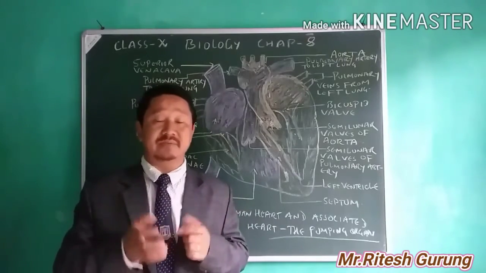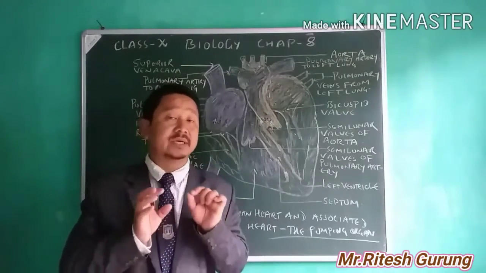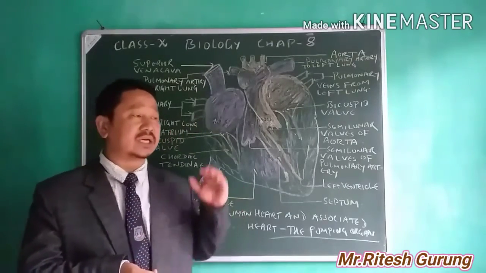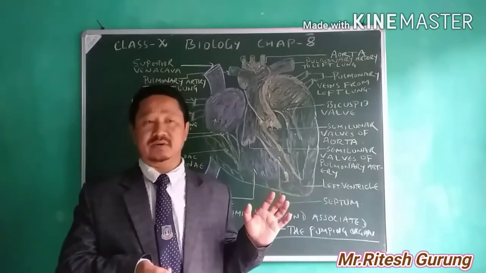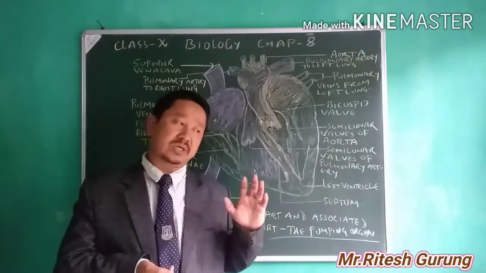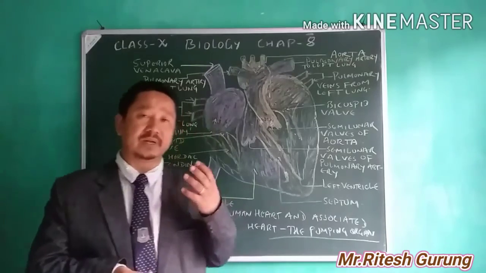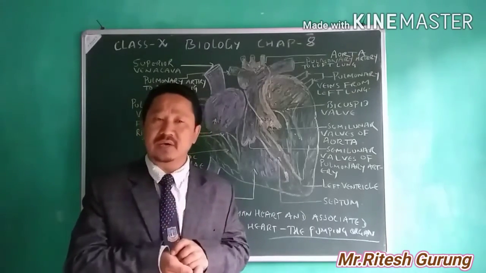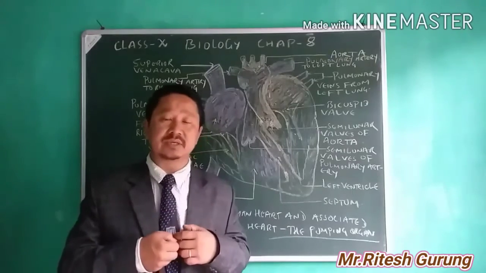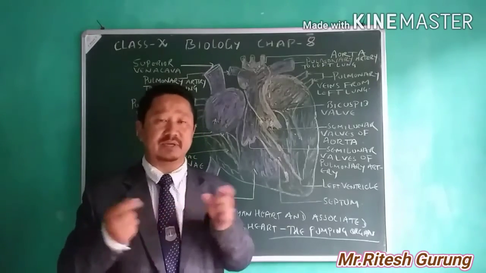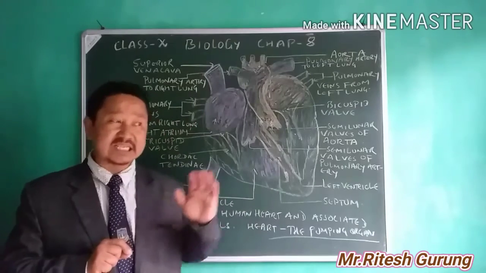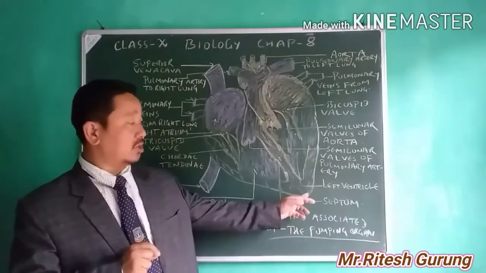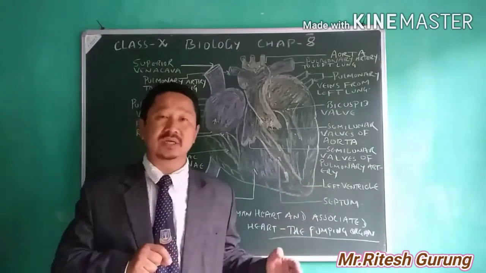Just above the diaphragm there is the heart, and it is slightly tilted towards the left side. People usually think that the heart is on the left side, but actually it is not. It is in the central region of the chest cavity between the two lungs, but slightly tilted. The pointed end down there is slightly tilted towards the left side.